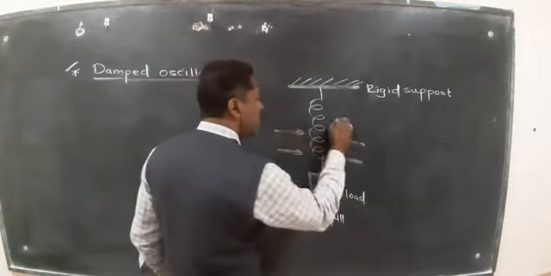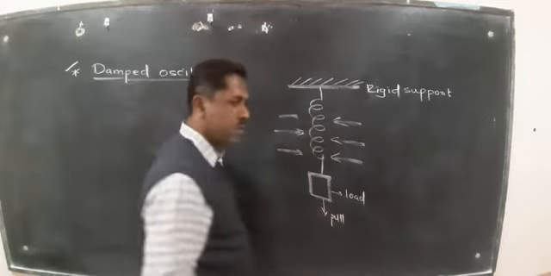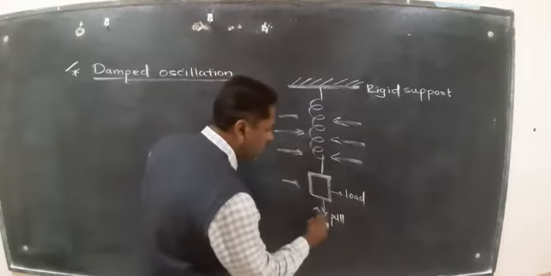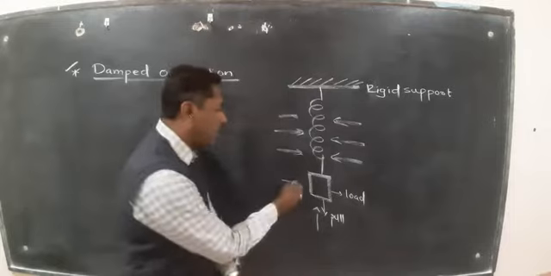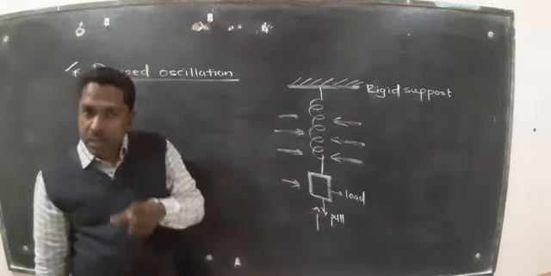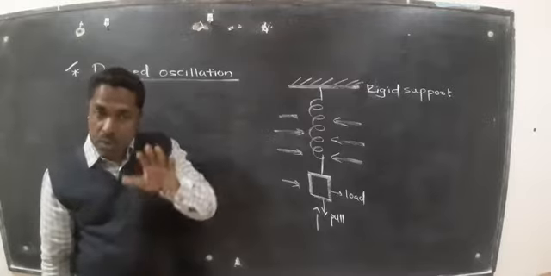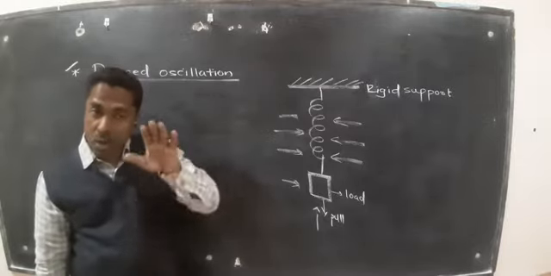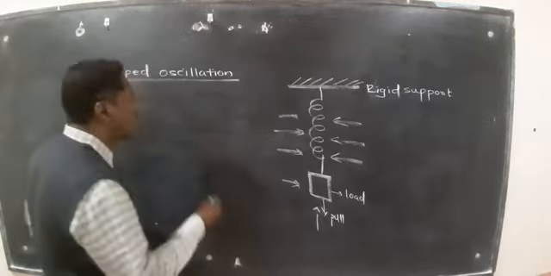There are some external forces around the load or the object, that is the air. The air tries to oppose the motion of the pendulum or the motion of a load.